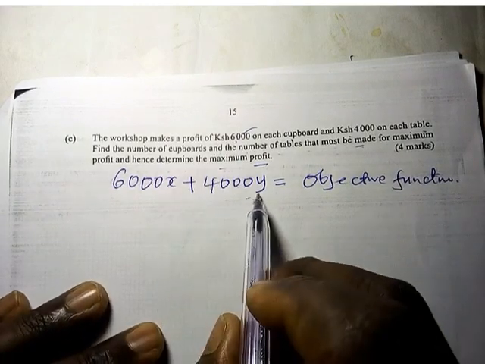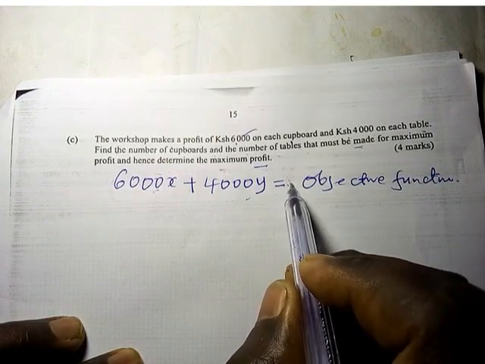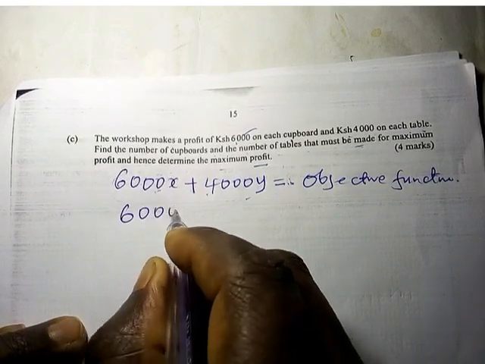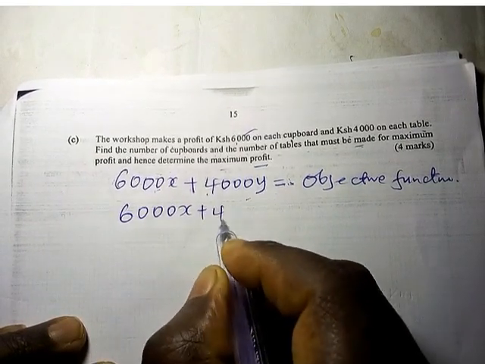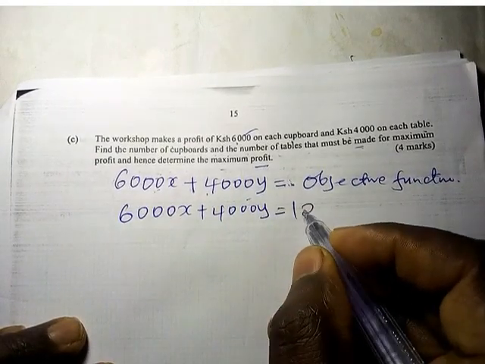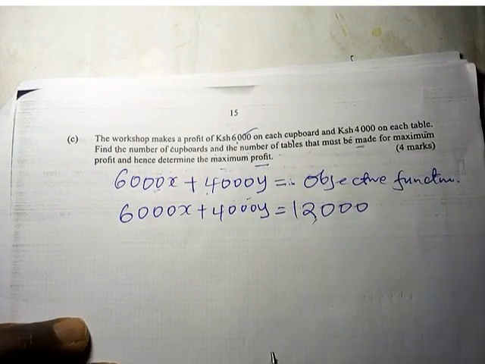So for us to optimize, we must give this one a number here, and that number is the LCM of these numbers. So you say 6,000x plus 4,000y is equal to the LCM. The LCM of this can be 12,000. 12,000 will work for that.